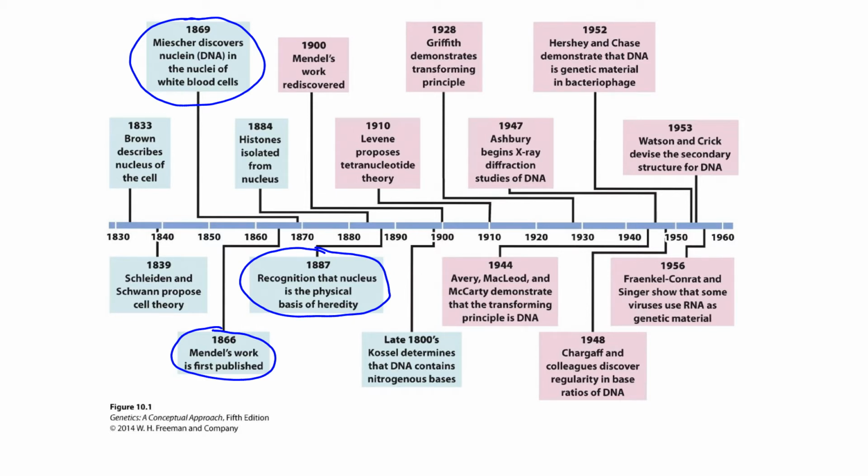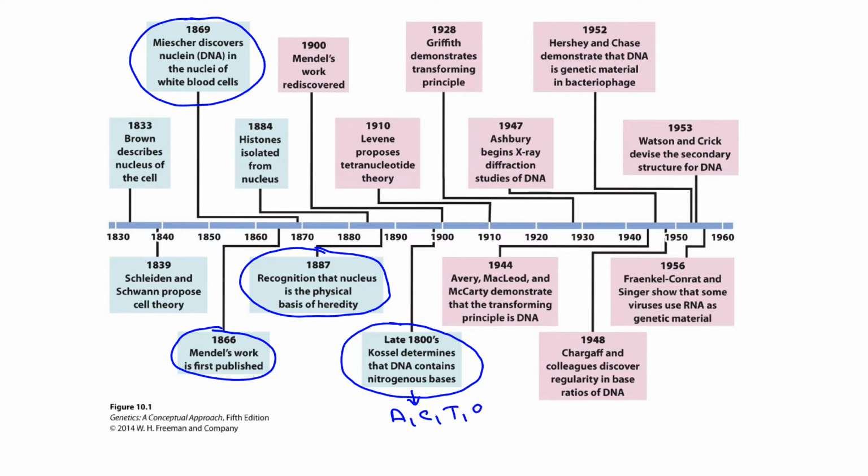Now, at the end of the 19th century, I would like to point at one discovery which contributed enormously to our understanding of nucleic acid, and it was Kossel who determined that DNA contains four nitrogenous bases: adenine, cytosine, thymine, and guanine. So basically, he was the first one.